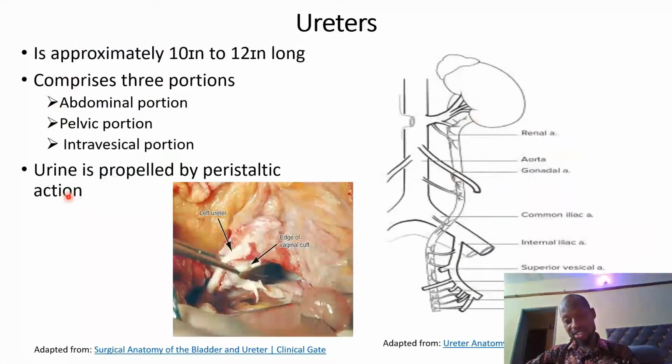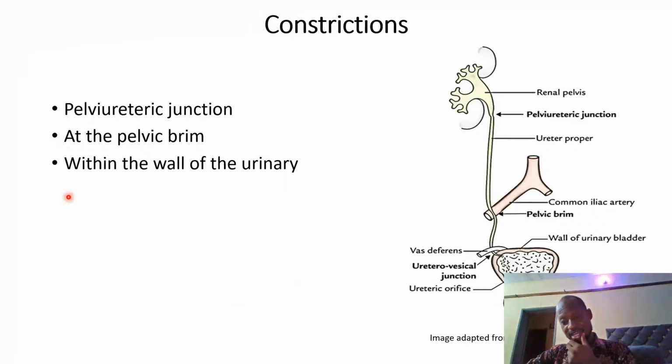Here you can see the infralateral surface sloping downward to meet on this side at the neck of the bladder. This is one infralateral surface, this is another infralateral surface, sloping downward, meeting at the neck of the bladder.